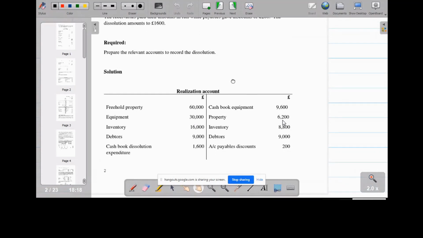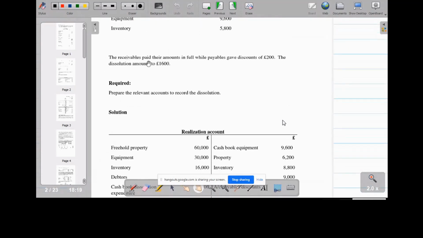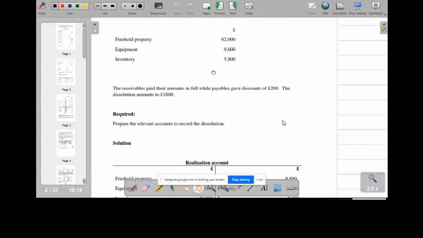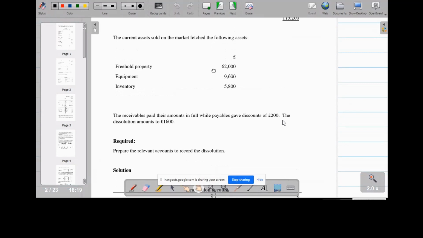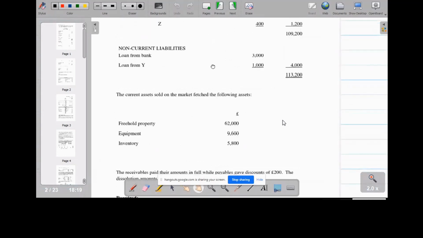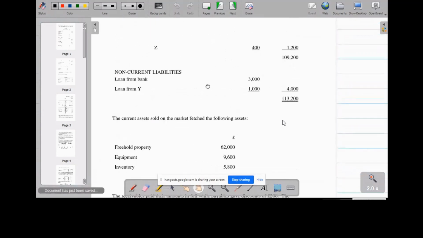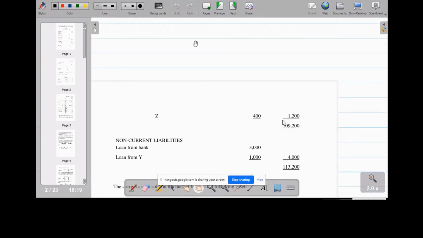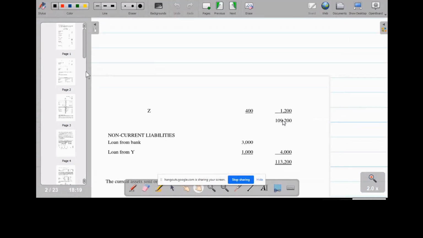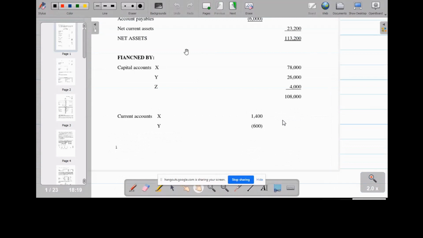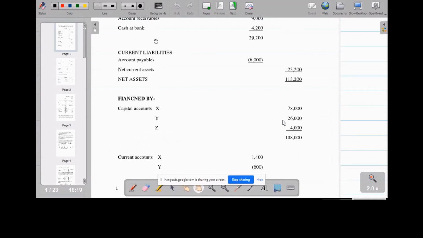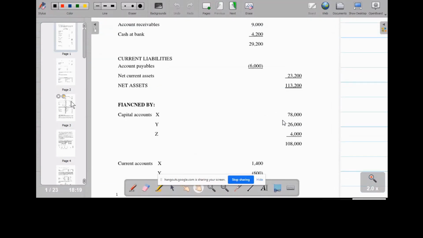Then we have been told that the receivables paid the amount in full. So we need to know the figure for the debtors. You can see it was 9,000 under the current assets. So that 9,000 was paid in full.